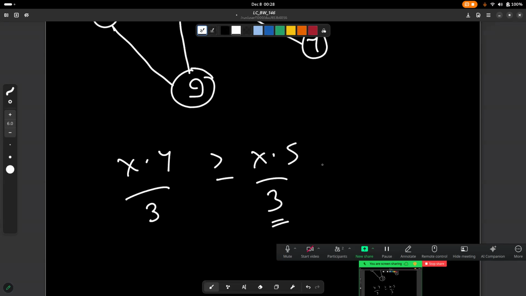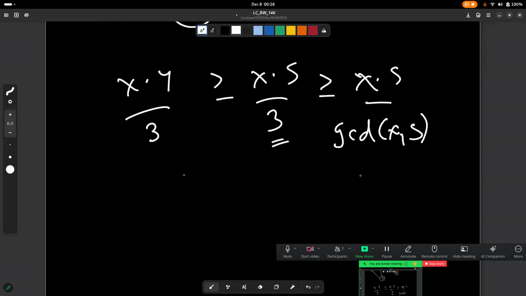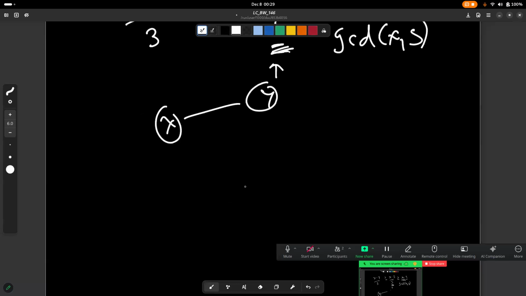And even if you replace this by the GCD of x and s, the GCD of x and s is going to be at least 3, because 3 divides x and 3 also divides s. So this is going to be 3 or more. And since this is 3 or more, this thing is going to be at least this or less than this. Basically, if you can connect x to y and there's this number s, then you are guaranteed that you can connect x and y and s, all these things together.